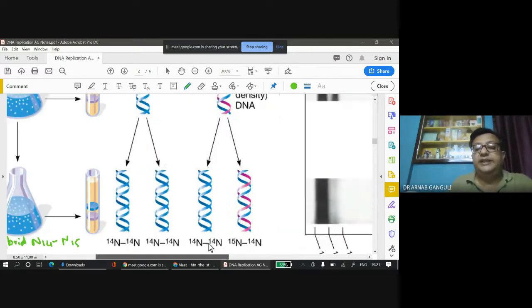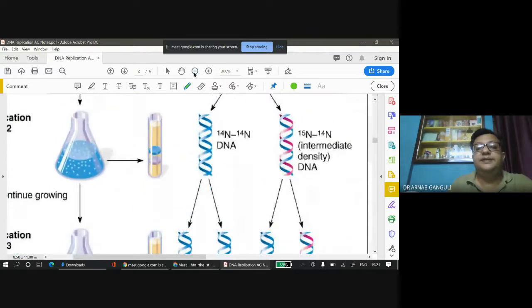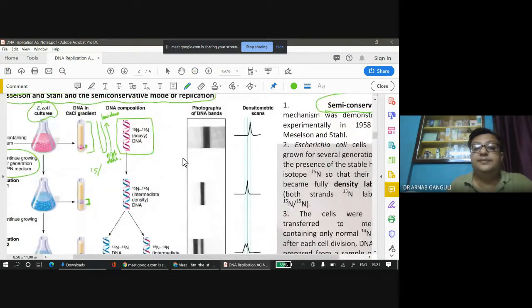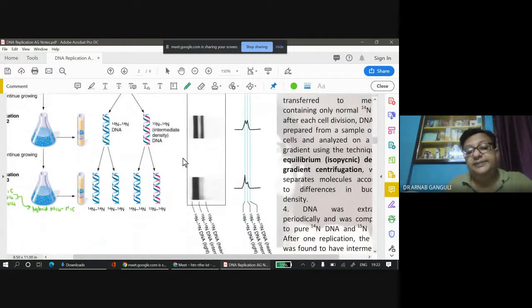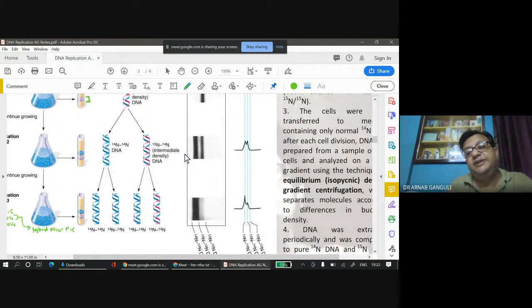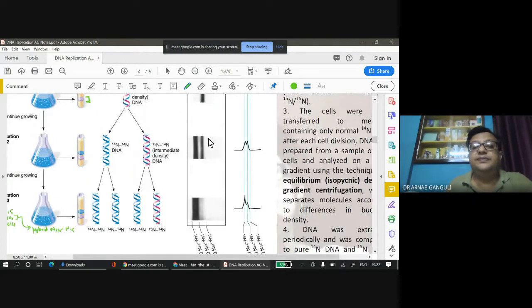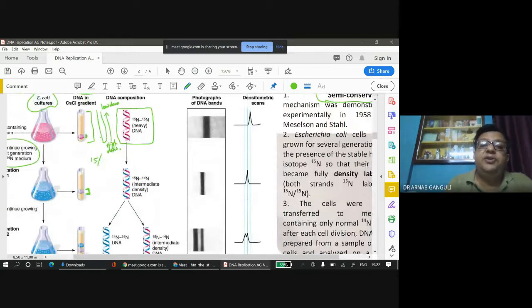So they did it like this. Now, what they found in the photo is the N14, N14 band, this is the picture of the band which they are taking. This was at the bottom. N15 band was here.